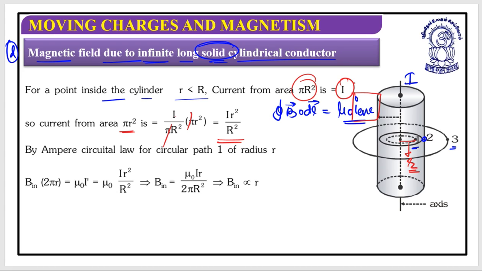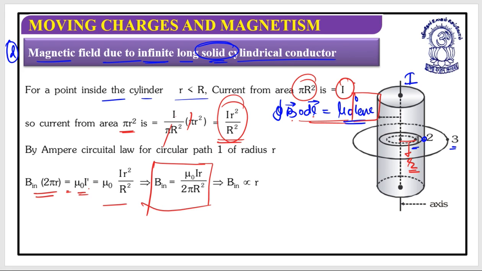Now according to Ampere's circuital law, B into 2 pi r equals mu naught times I dash, and that I dash can be replaced by I into small r square divided by capital R square. So B into 2 pi r equals mu naught into I into small r square divided by capital R square, and that can be rearranged: B inside equals mu naught times I into r divided by 2 pi R square.